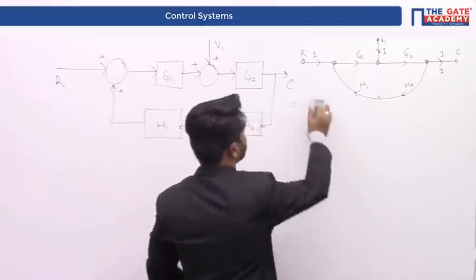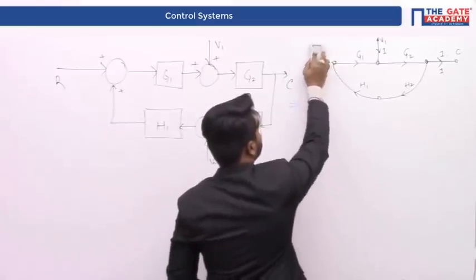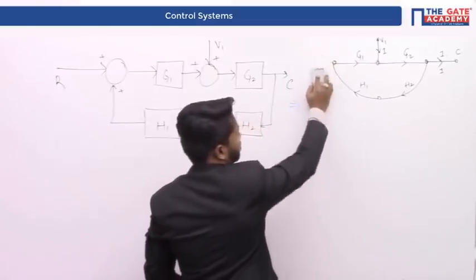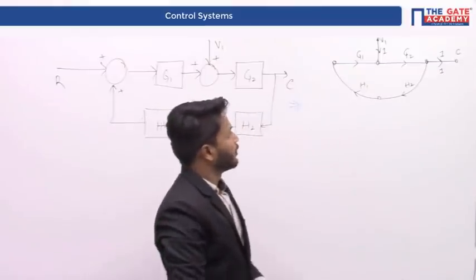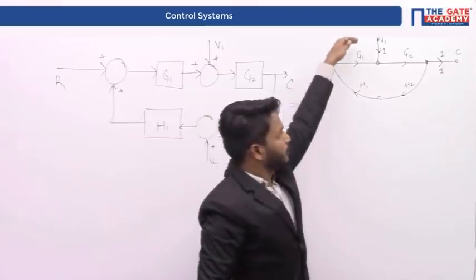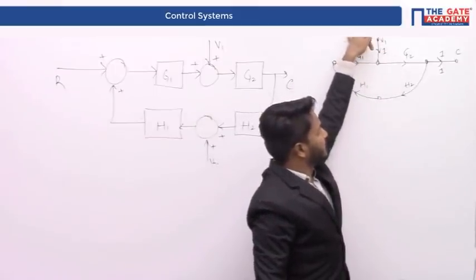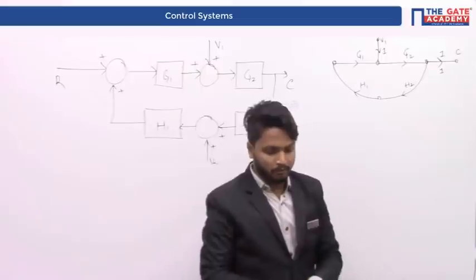R is absent, which means I can simply wipe off the input R. Therefore, what is the forward path now? From V1 to C, there is only one path, that is G2. G2 is the only forward path.